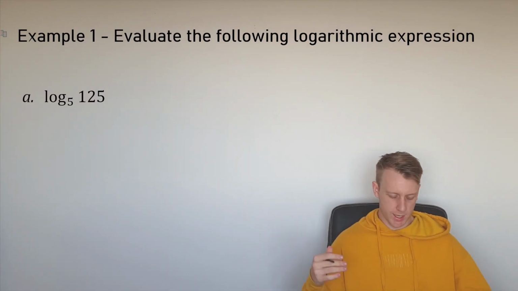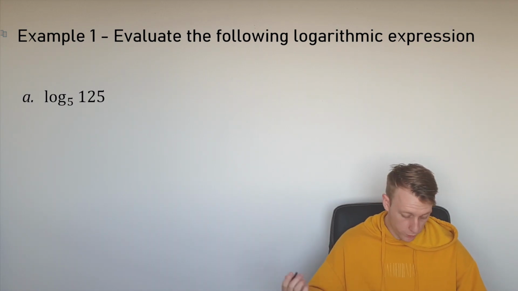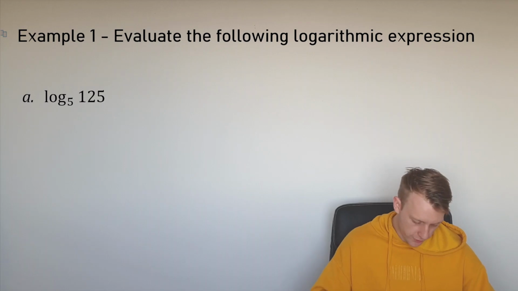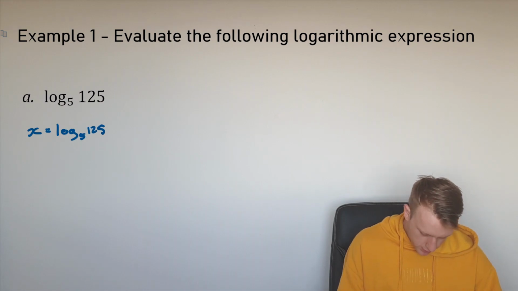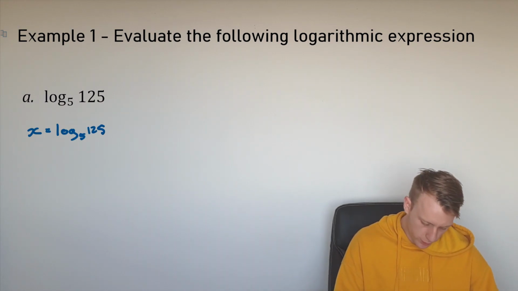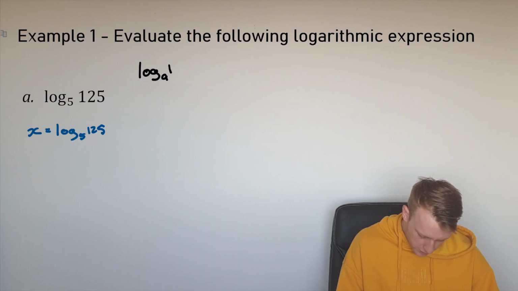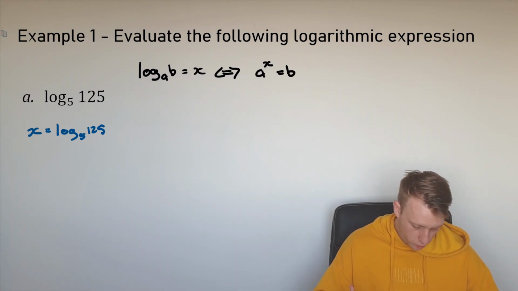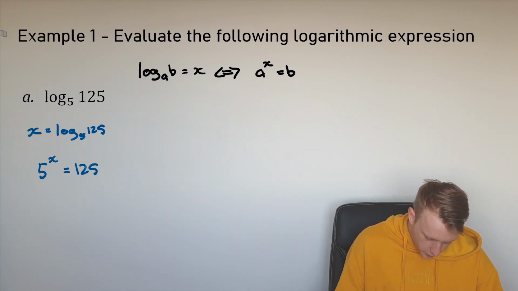Once we've got that business out of the way, then we can just go ahead and simplify some logarithmic expressions, or evaluate them. So if I look at this, log base 5 of 125, and I want to evaluate it, what I need to do is just set it equal to something. What this really means, if we remember that log base a of b equals x has equivalence with a to the power of x equals b, is that the way to reframe the question would be to say 5 to the power of x equals 125.